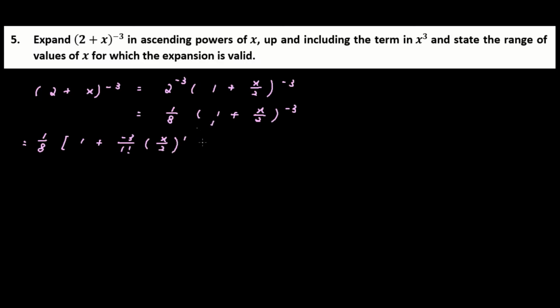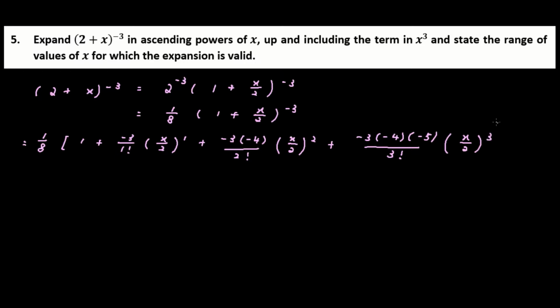Then after that plus, same thing, your power times power minus 1, over 2 factorial, x over 2 power 2, plus negative 3, negative 4, negative 5, over 3 factorial, x over 2 power 3. Okay, up to x cubed. So this is enough already. Then you can continue. 1 over 8. Same thing, get your answer.